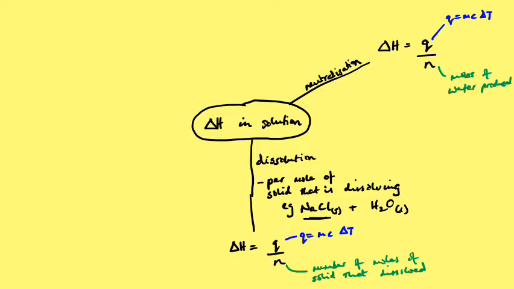And our third type of solution reaction might be a displacement reaction, and in this case it's going to be per mole of either of the reactants.